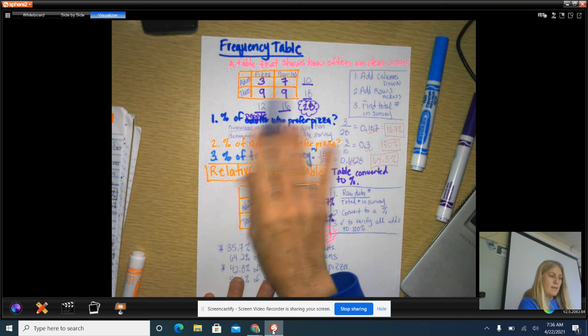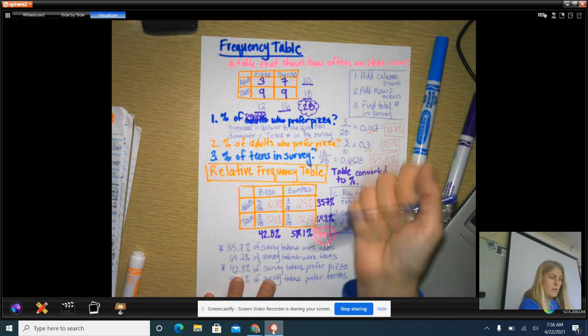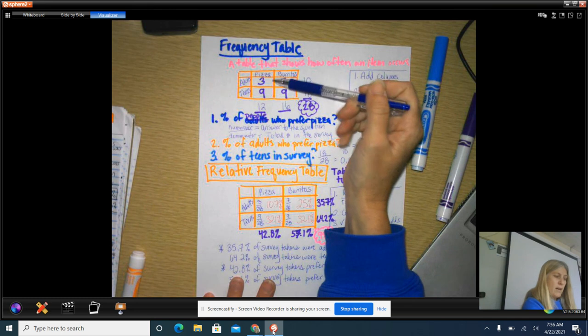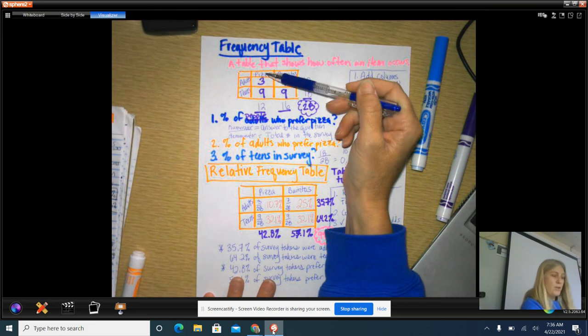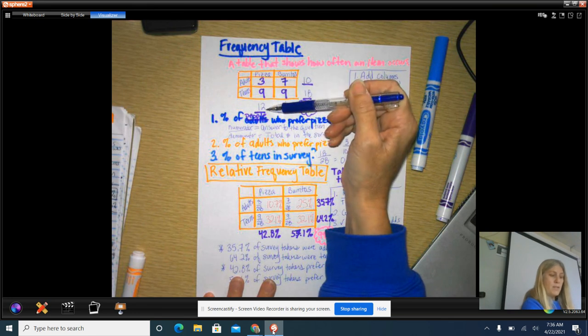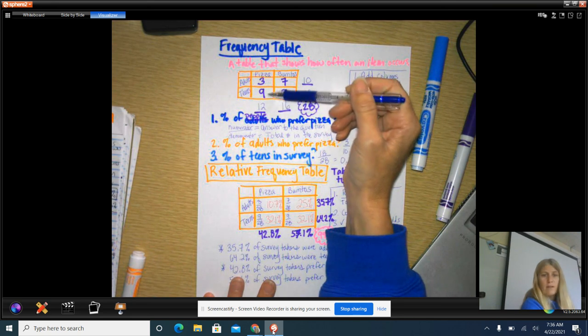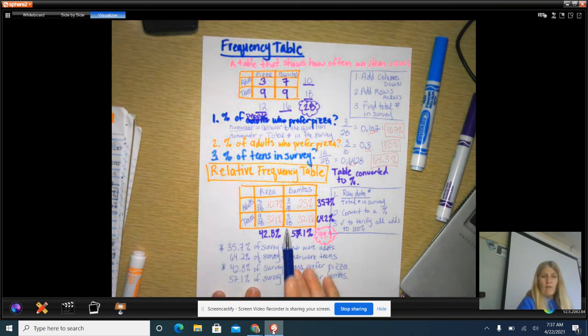If I wanted to find out of the people who prefer pizza, what percent are adults, I would be able to say 3 out of 12, which gives me 25% of pizza lovers were adults. 75% of pizza lovers, 9 out of 12, were teens.